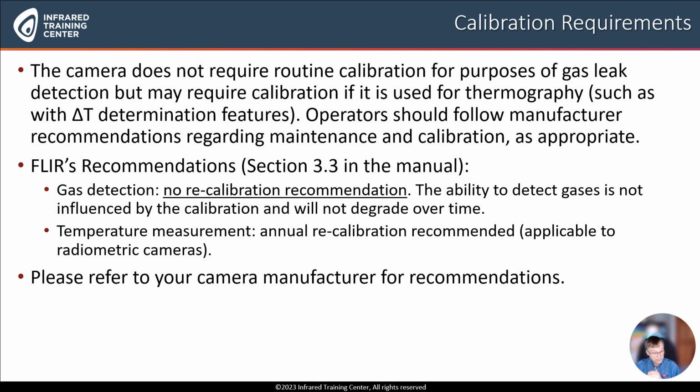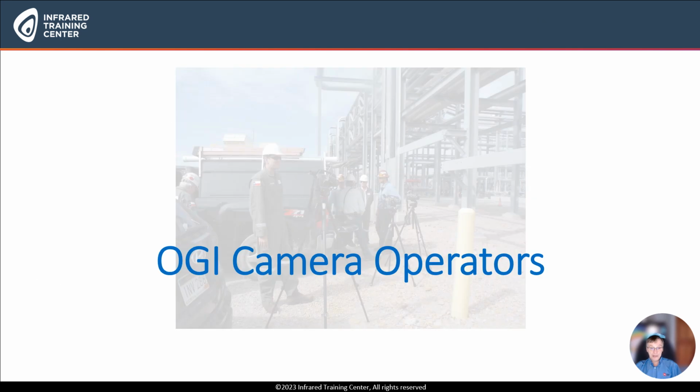And if you're going to be using these cameras for additional electrical or mechanical scans, we do recommend annual calibration, and that is applicable to every single radiometric. Radiometric means that we can measure temperature. So the bottom line on calibration is, if you have a camera, you should refer to the manufacturer. That's what EPA says, to see whether you need to have your camera calibrated periodically.